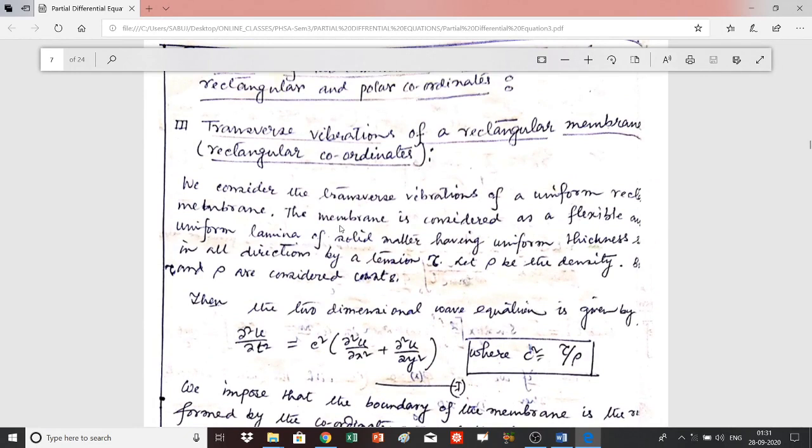We consider the transverse vibration of a uniform rectangular membrane.